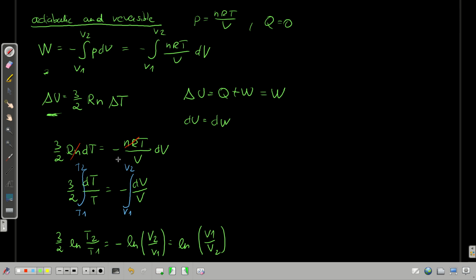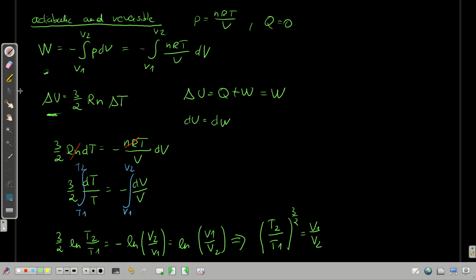And also by using the rules of logarithms here, this prefactor could also be written as an exponent of this ratio here, and then eventually one ends up with the expression T2 over T1 to the power of 3/2 equals V1 over V2.